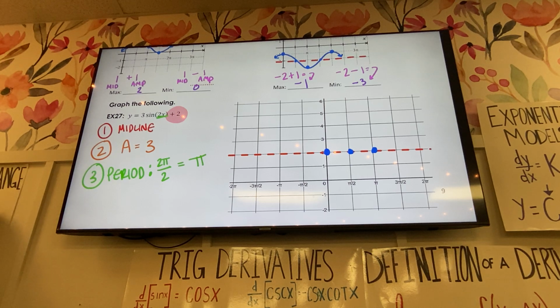So from your midline, you need to go up and down whatever the amplitude is. So in this case, it's 3. So right halfway in between these 2 points right here, we're going to go 1, 2, 3, put a dot. And then halfway between the other 2 points, 1, 2, 3, put a dot. And so this here is 1 period for the sine graph.